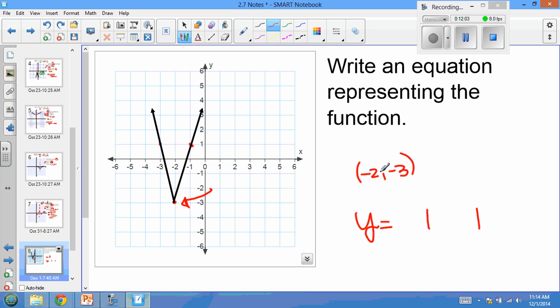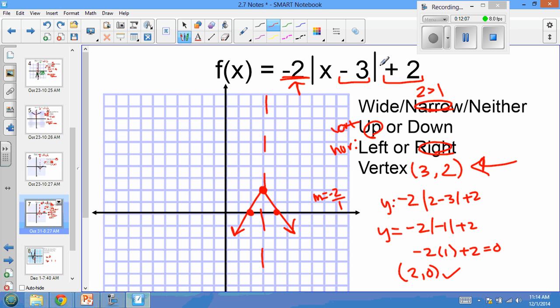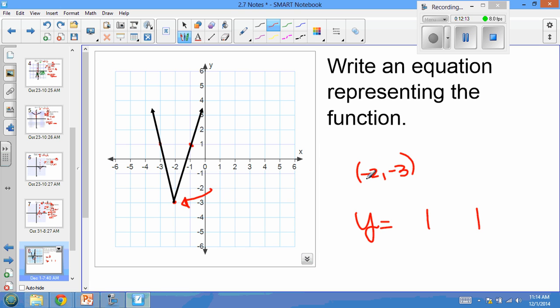So we're going to use that to fill in our equation. So think back, the last problem. When I got my vertex, I used the opposite of the inside. So if I know the x of my vertex is -2, I know this has to be a +2, and the outside stays the same. That never changes. So you take the opposite of the inside, outside stays the same. So that is correct. And then to get your value of a, remember the shortcut of finding the slope?